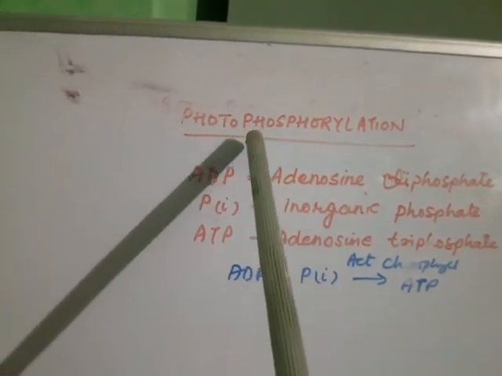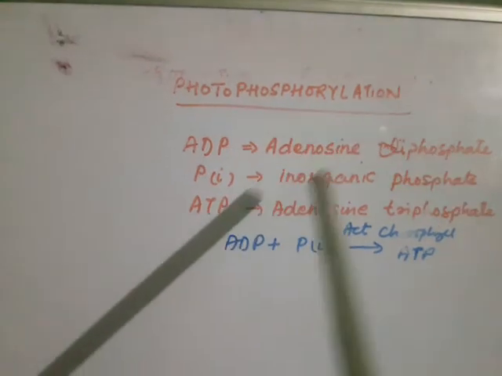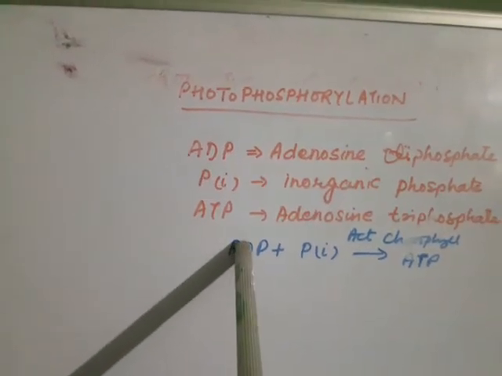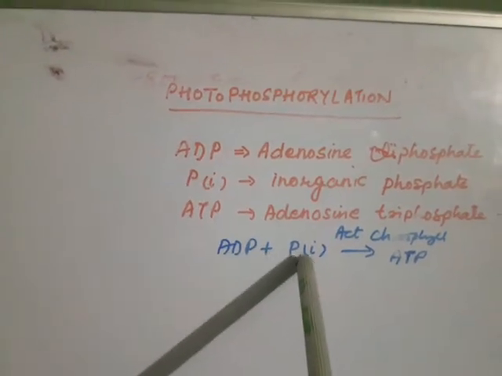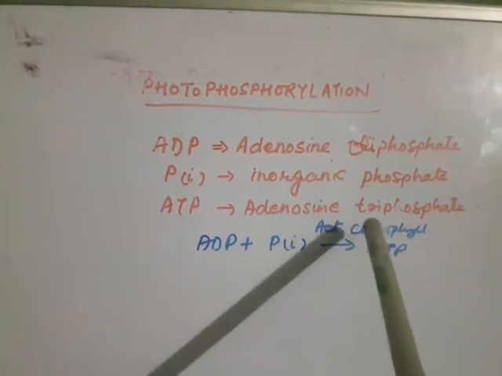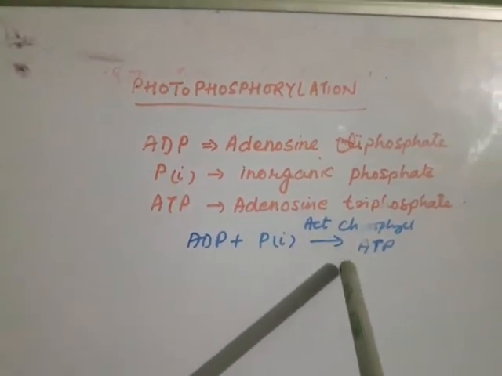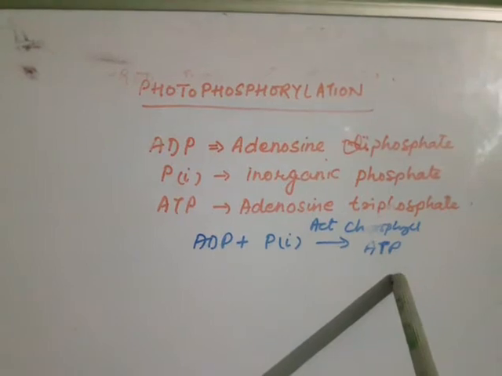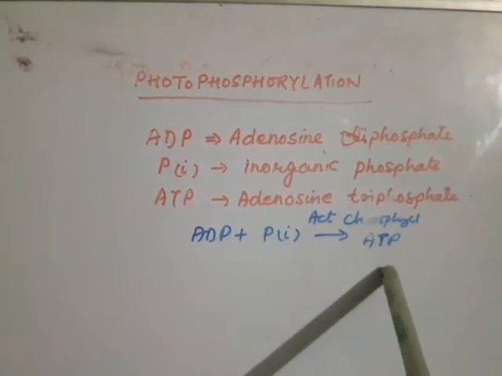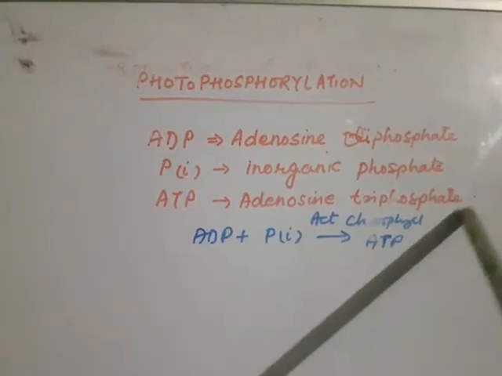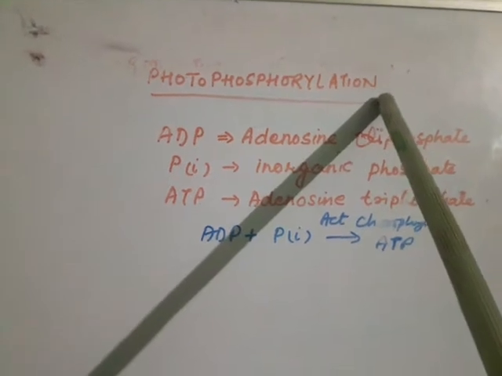Now in the process of photophosphorylation, ADP plus inorganic phosphate, with the help of activated chlorophyll, is converted into adenosine triphosphate. This process is known as photophosphorylation.